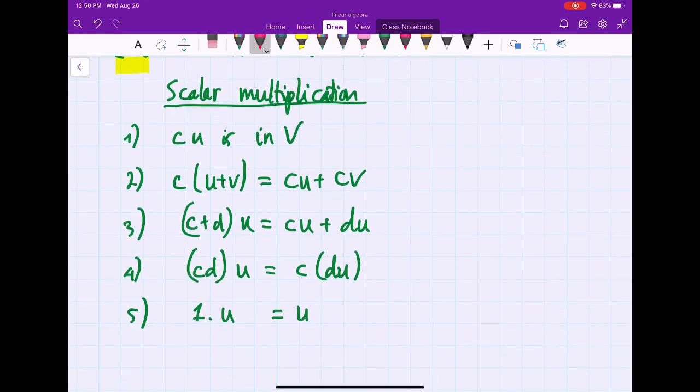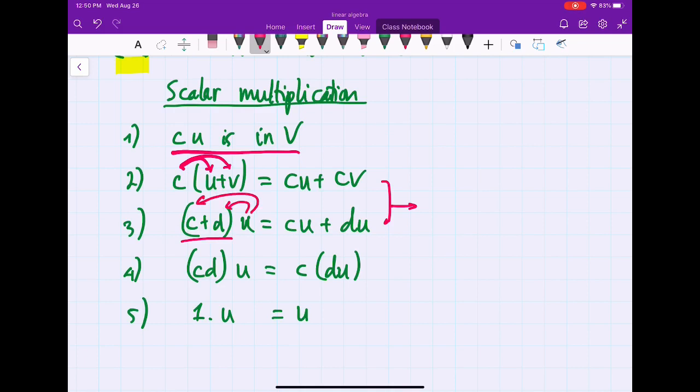And we still have the other 5 properties for scalar multiplication. The first property says V is closed under scalar multiplication. The second and third are distributive properties. So you might distribute cu plus cv, and if you have two numbers c and d, you might distribute u with the c and d.